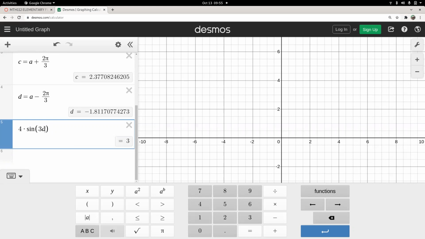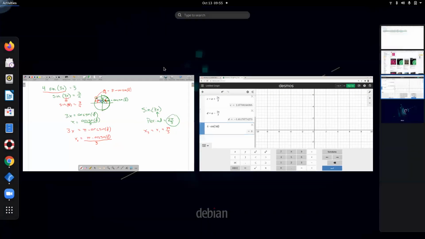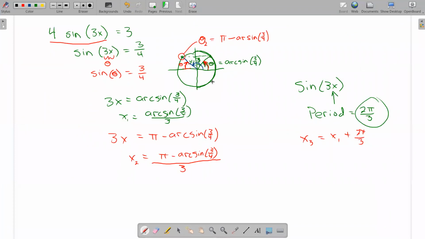So again, the unit circle helps us get, in the arc sine, the first solution. Then translation on the unit circle gives me a second solution. Then I finish solving the problem, in this case, divide by 3. And then if I just add or subtract the period to either of those first two solutions, I can get any number of solutions that you want.